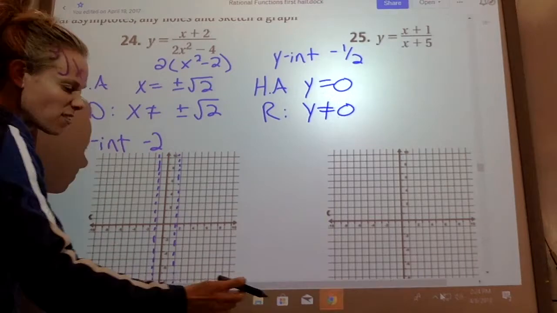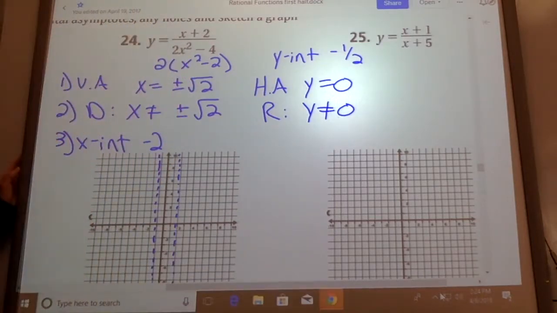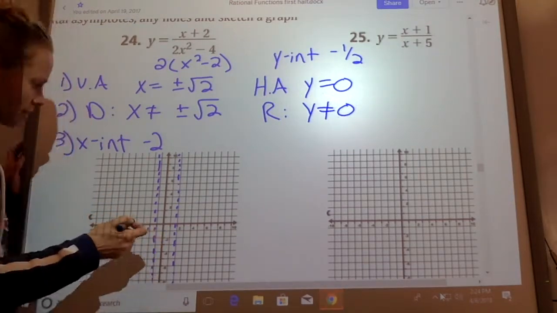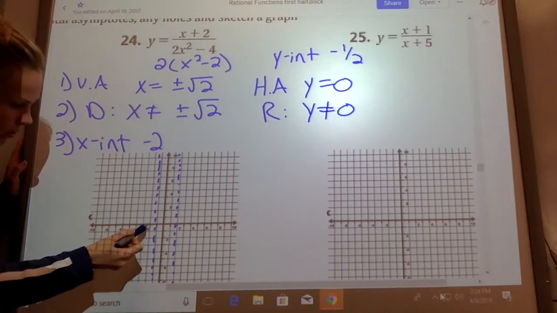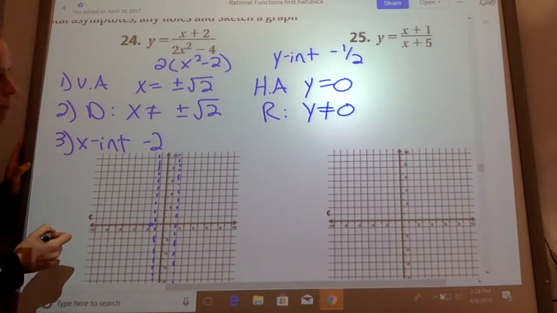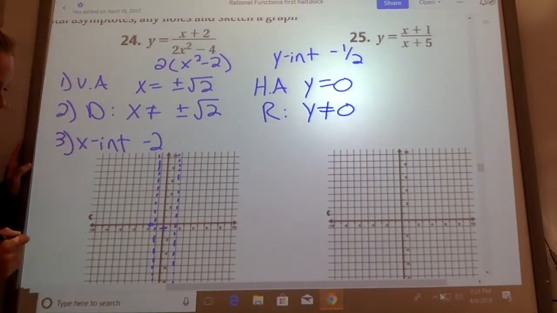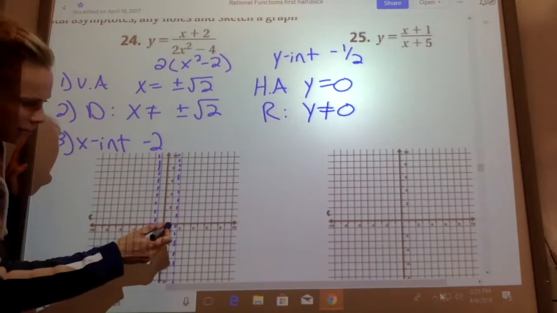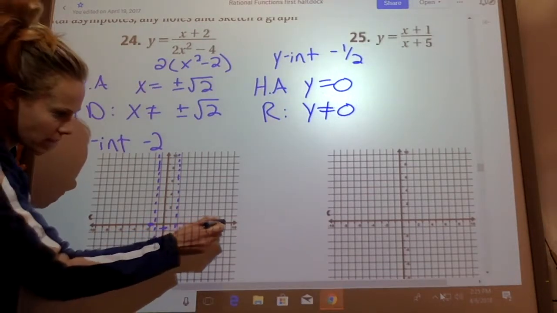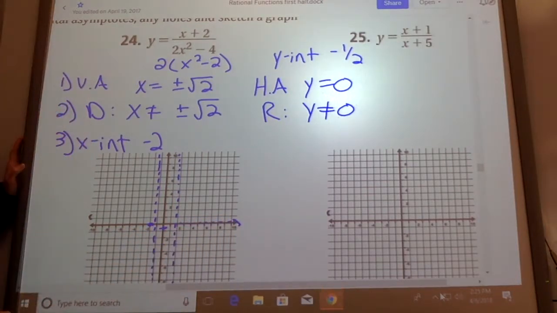Okay, and this is why I want you to be graphing these, because this is how goofy they start looking. And then I have a horizontal asymptote at 0 and an x-intercept at negative 2, a y-intercept at negative half, okay, and a horizontal asymptote at 0, but what's going to happen is that horizontal asymptote isn't going to go all the way through.